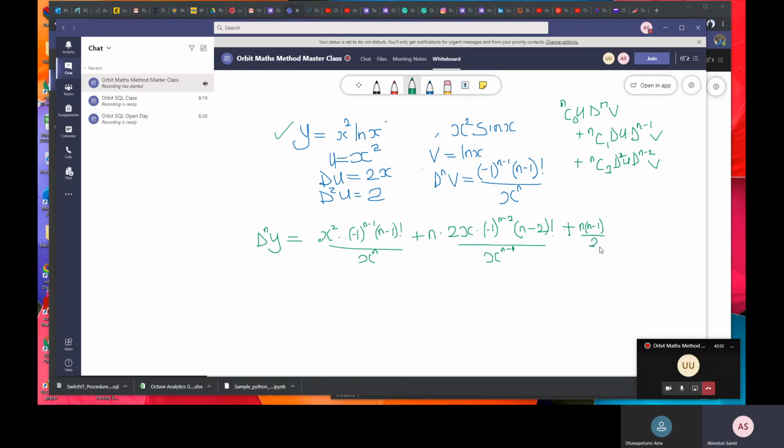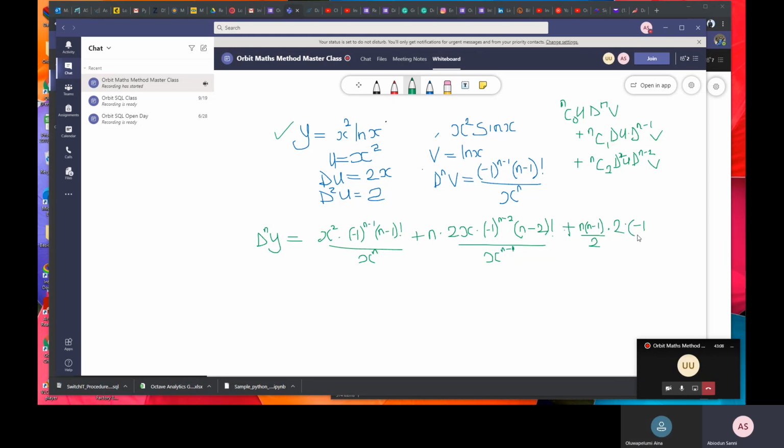I will explain. You understand? This n combination 2 times the second derivative of u, which is 2, times d^(n-2) v is just like anywhere I see n here, put n minus 2.